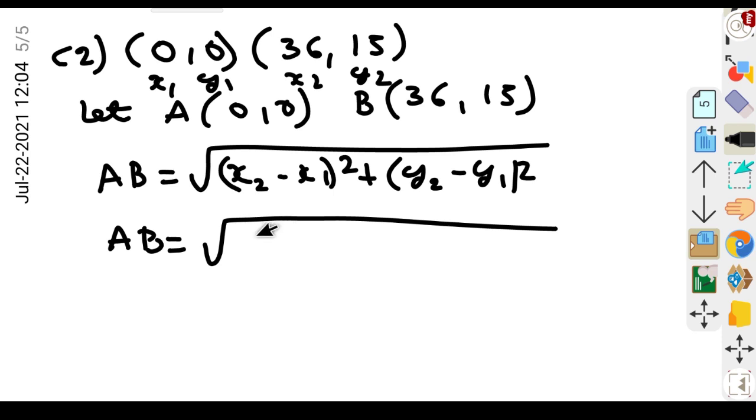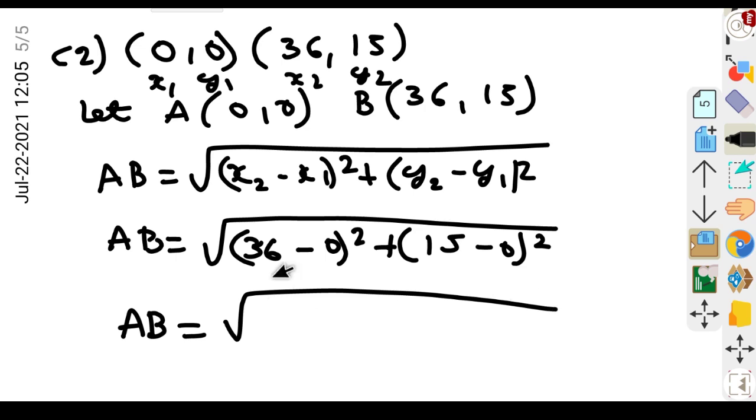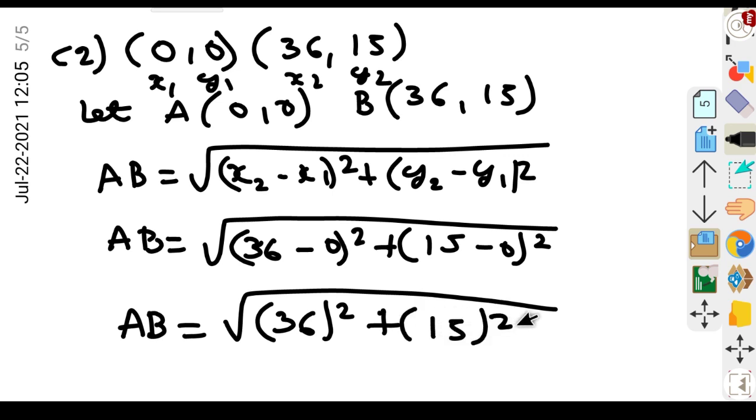So x2 is 36 minus x1 is 0 whole square, plus y2 is 15 minus y1 is 0 whole square. So AB equals the square root of 36 minus 0, that is 36 square, plus 15 minus 0, that is 15 square. Now take the square of 36 as well as 15.